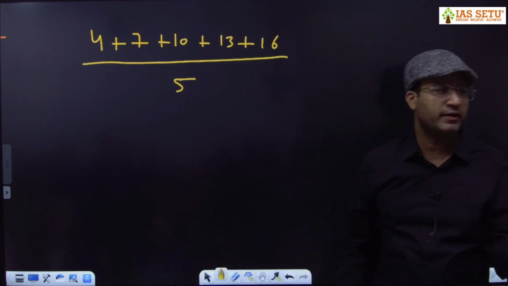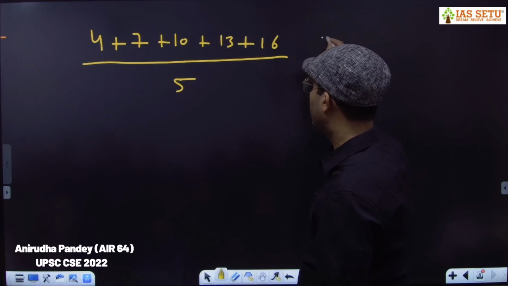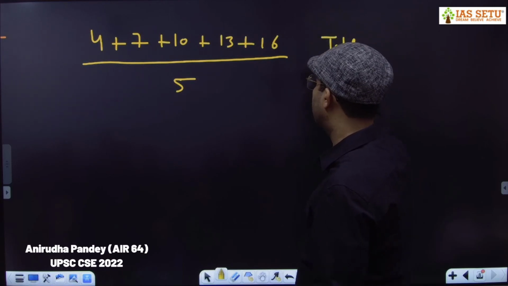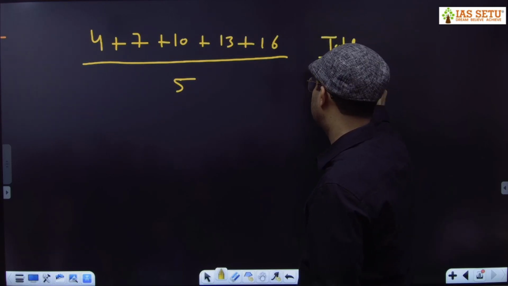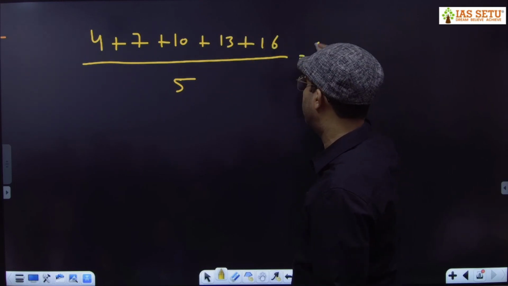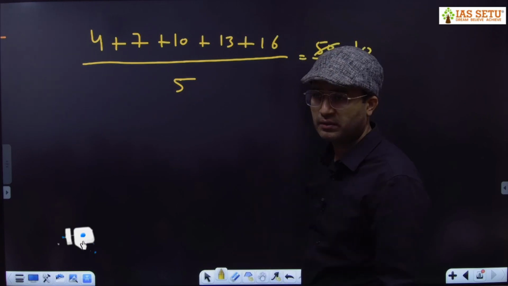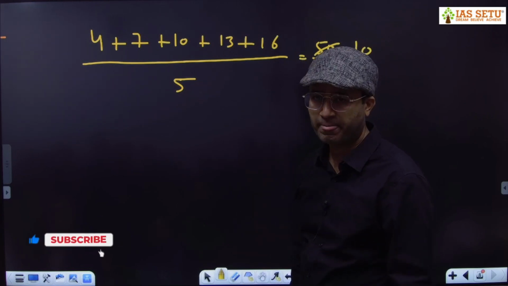To find average of any data, this is the method, total divided by number of terms. If you take this total, it will come 50. Divided by 5, you get 10. Your average coming 10 here.